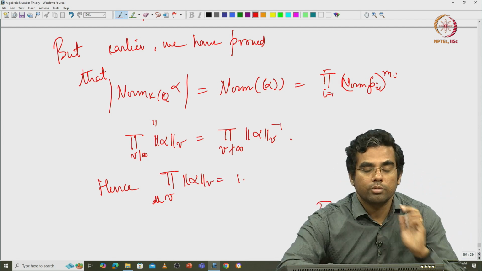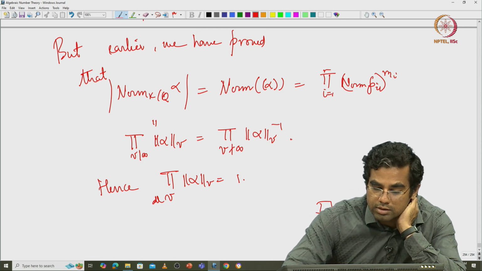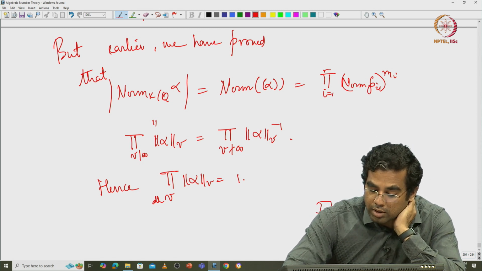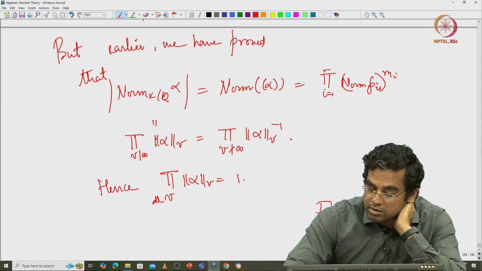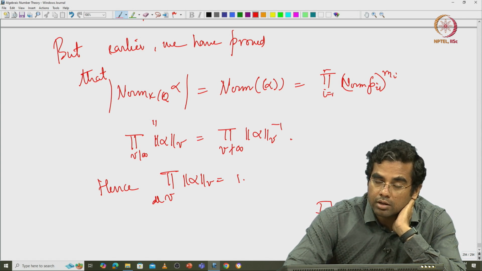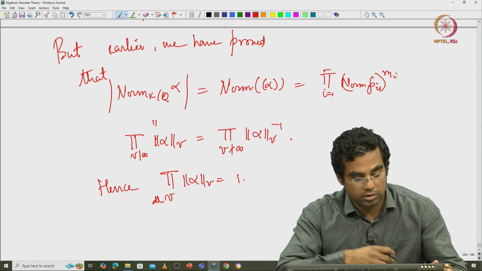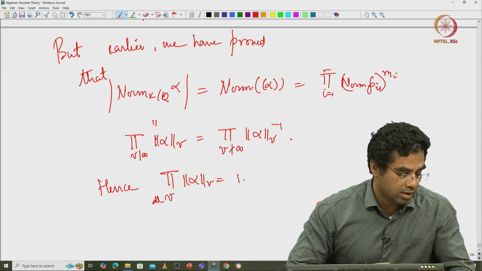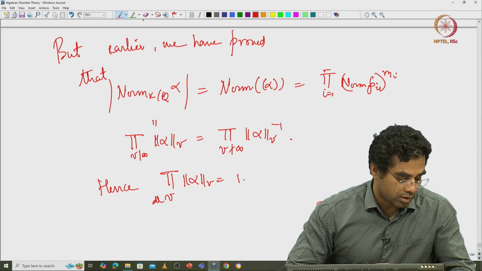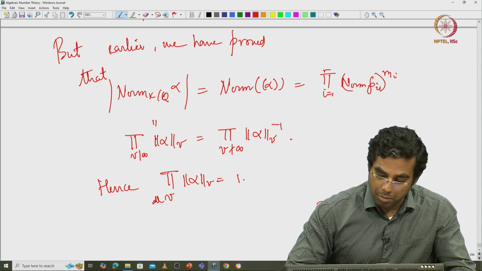So, the product formula tells you something very nice. It tells you that for elements of K you have this very tight thing: if you take valuations with respect to every place and take a product together, you get 1. Okay.